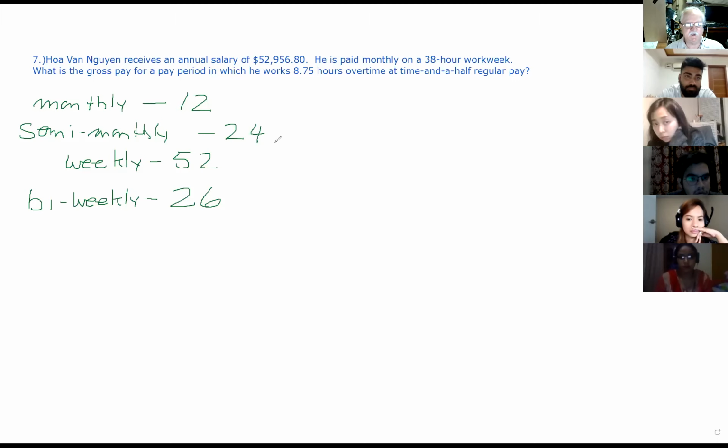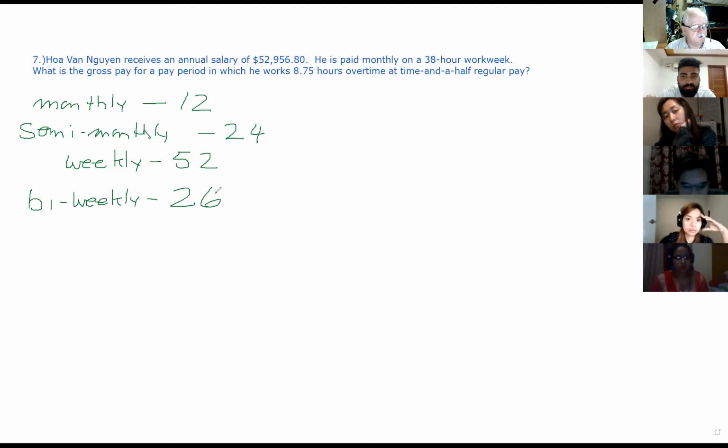And so even though semi-monthly means you get 2 paychecks a month, and bi-weekly is very close to that, notice this one is 24 paychecks and this one is 26. Because although we think of a month as being 4 weeks, we also are well aware that it's 4 weeks plus 2 or 3 days, right?